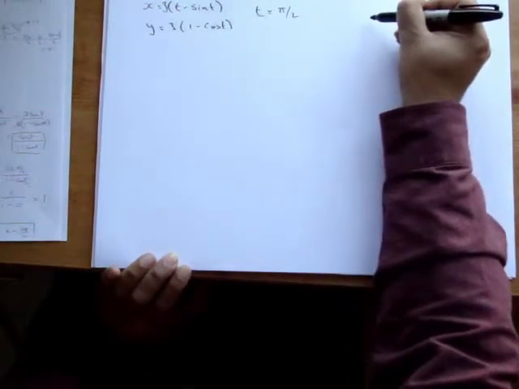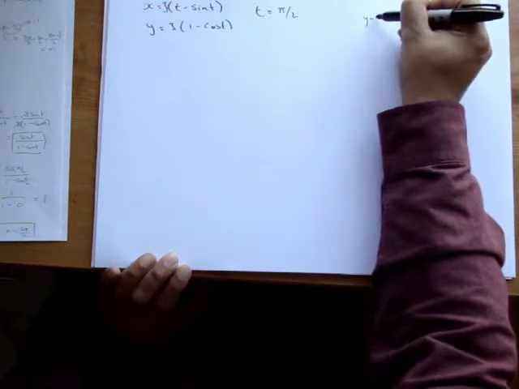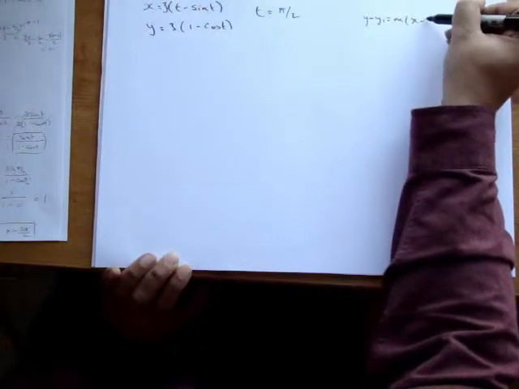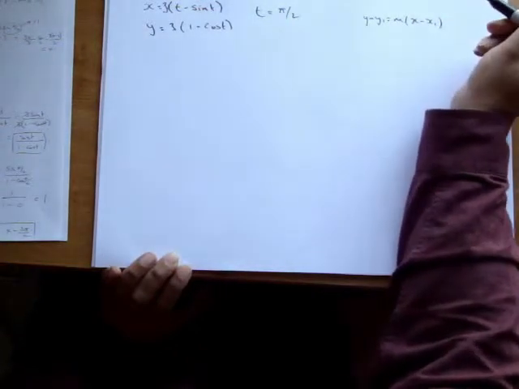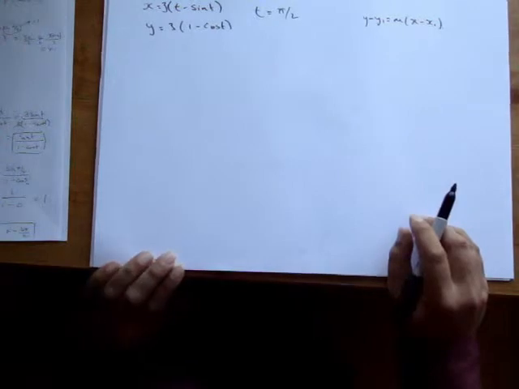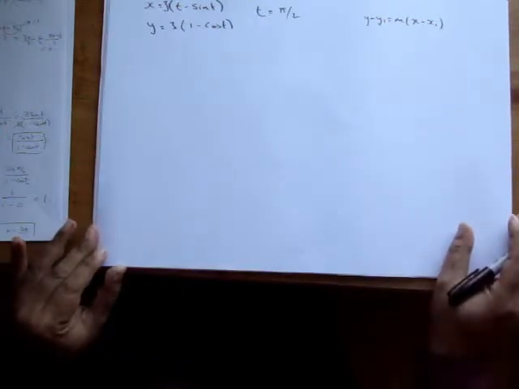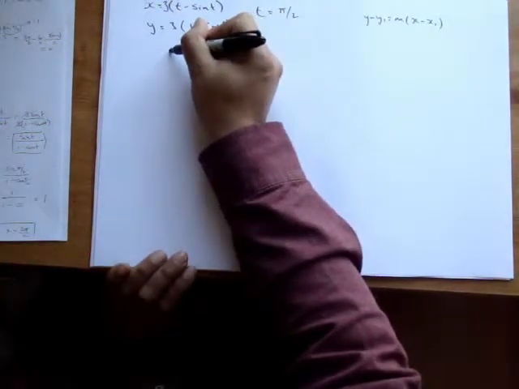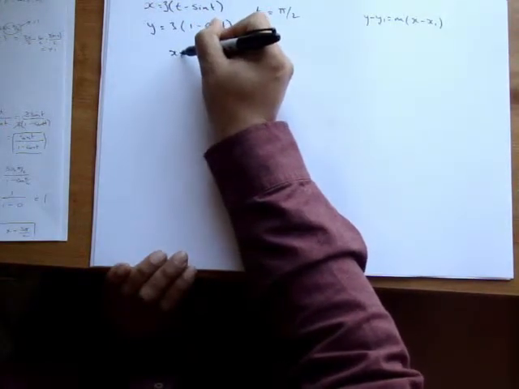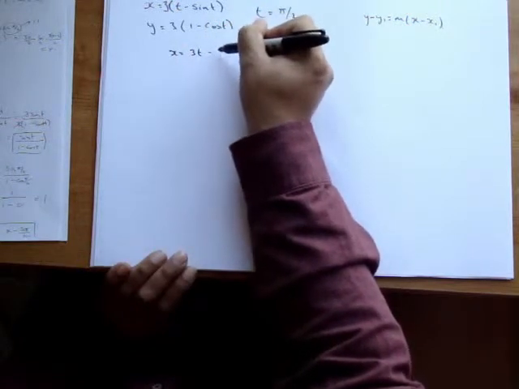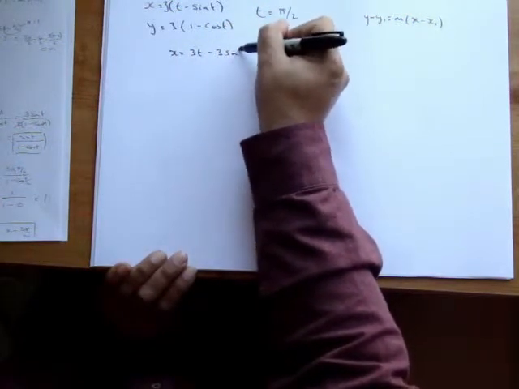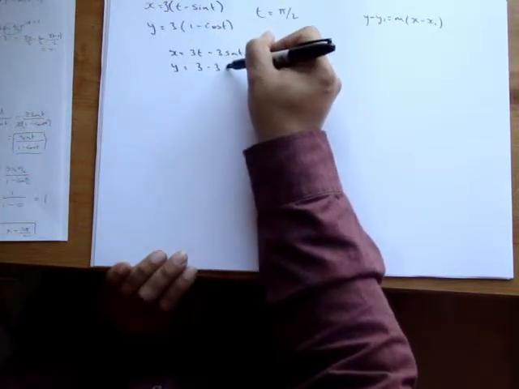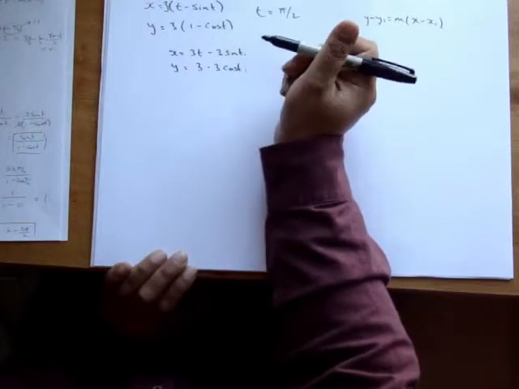Again, for the equation of the line we want to use y minus y1 equals m(x minus x1). First of all let's get rid of the brackets. So x equals 3t minus 3 sine t, and y equals 3 minus 3 cos t.